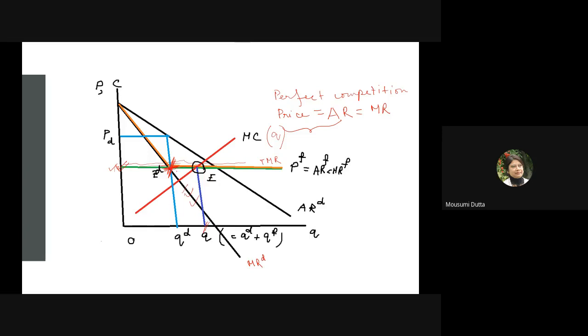This part is irrelevant to us once we have the TMR. Yes, ma'am. Okay, I got your point.